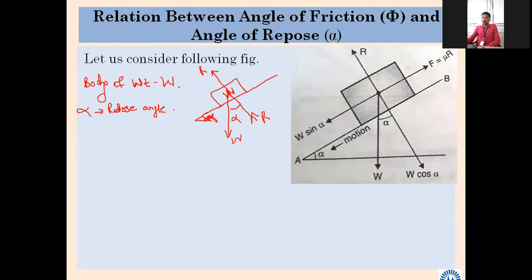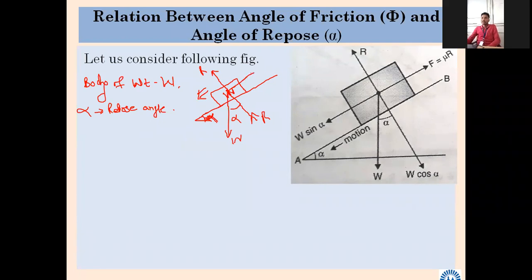Now where is the body going to move? In the downward direction. The body is about to go in the downward side. So where will the frictional force be? In the upward direction.